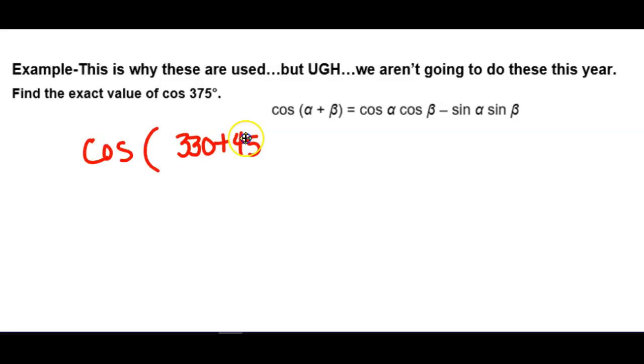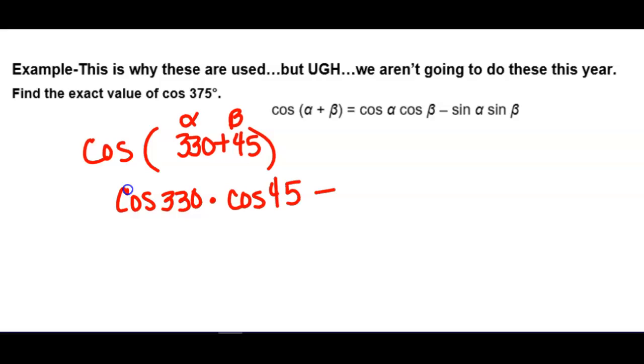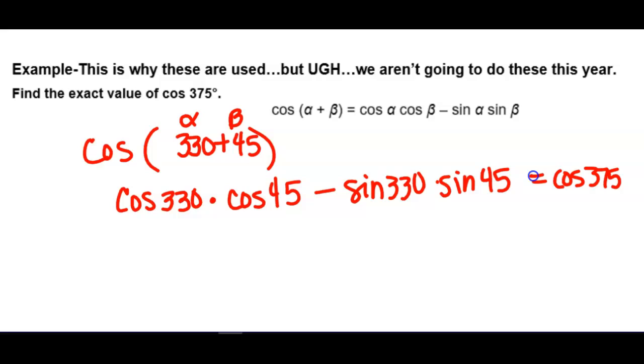So I would have to go to my sheet and find this crazy formula that says you take the cosine of alpha plus beta, and you substitute these values in. So it would say the cosine of 330 times the cosine of 45 minus the sine of 330 times the sine of 45 is going to give me the exact cosine of 375 degrees.